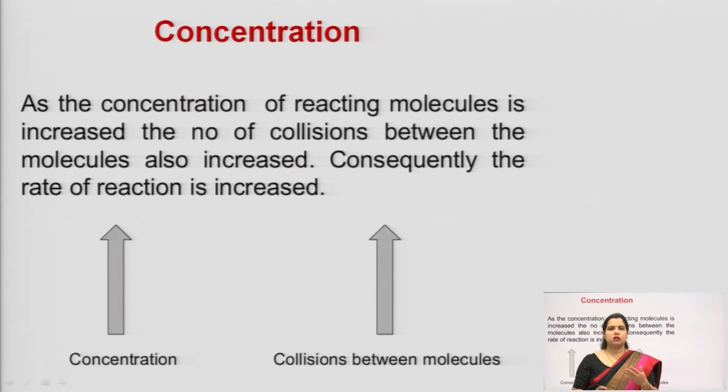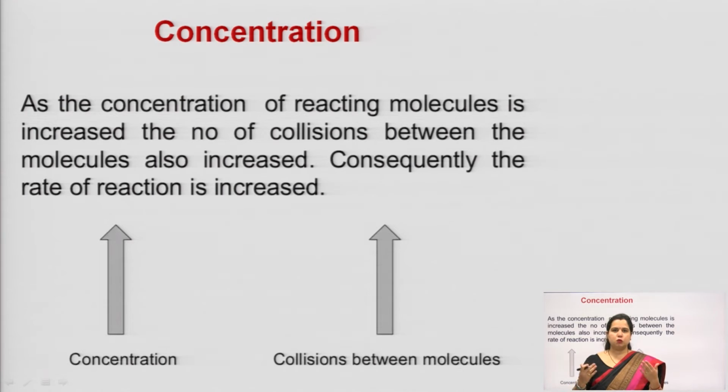So, after temperature we will talk about concentration. As the concentration of reacting molecules is increased, the number of collisions between molecules also increases. When we gradually increase the concentration, for example, we are taking a component at 1% and now we are increasing it to 2%, 3%, that means the concentration of that particular component is getting increased.